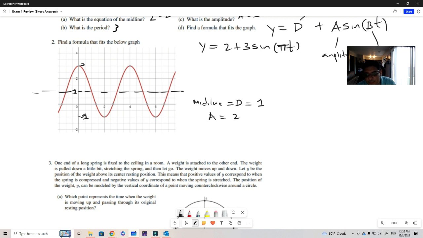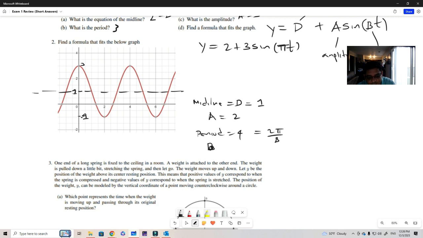And once we have that, then we can check the period. Notice the distance between two maximums is 4. So the period here is equal to 4. And with that, we can calculate b. How? Well, remember that the period is also 2 pi over b.